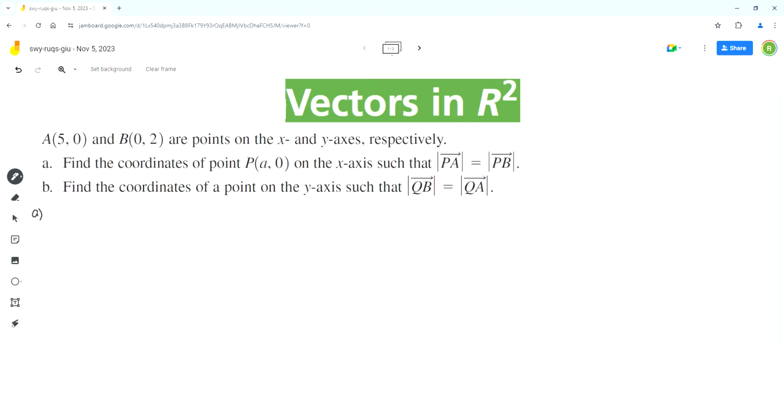So we are given that the magnitude of vector PA is equal to the magnitude of vector PB. So the first step is to find vector PA and vector PB from the given points. So let's start with vector PA. We can break down vector PA into its position vectors.